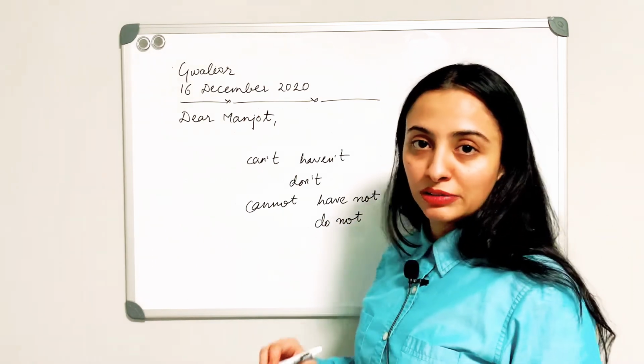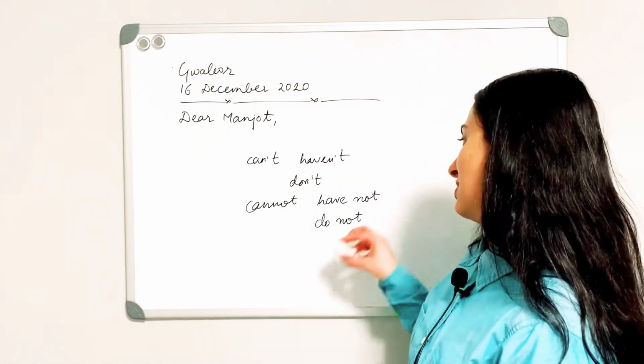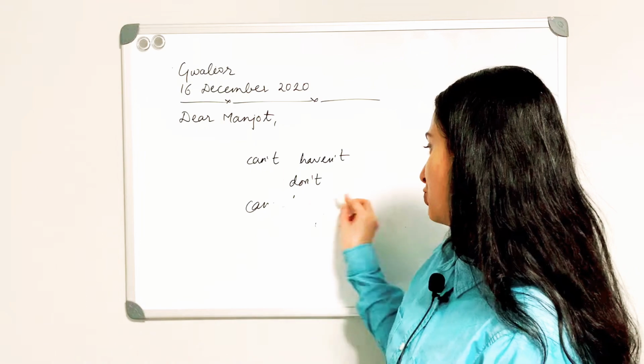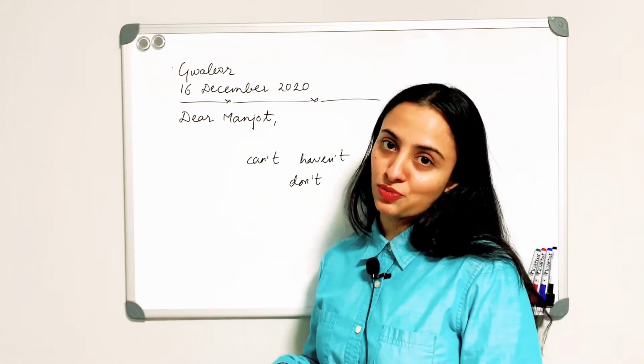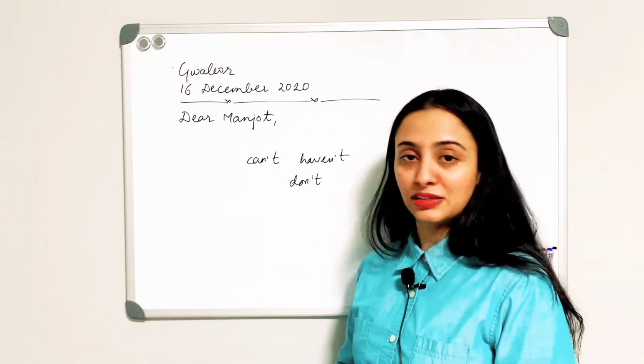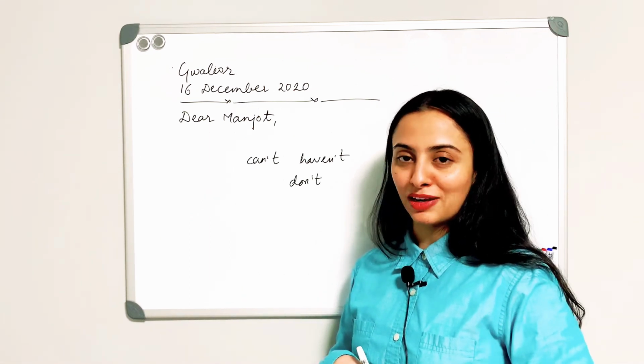We do not write contractions in formal letters, while in informal letters we can use contractions. We can also use slang in informal letters. We cannot use slang in formal letters. So that's also an added benefit.